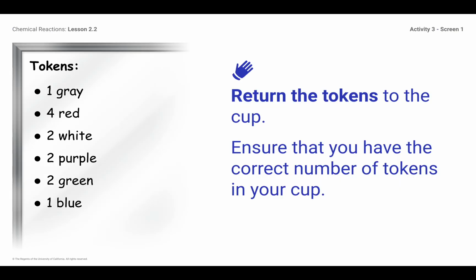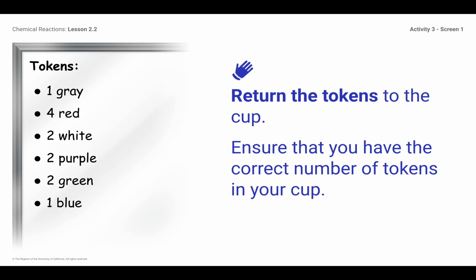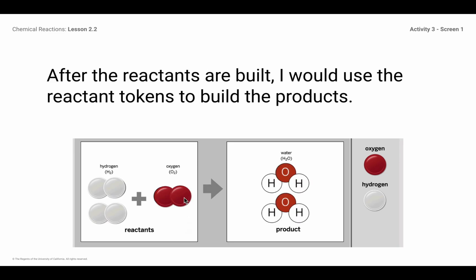So when they were finished, we just talked about key concept number 6, and that says during a chemical reaction, atoms do not change from one type to another. That's super important. So as I was putting my tokens on here, during this chemical reaction, my oxygen broke apart from the first bond in the reactant and it rearranged to form a new molecule, but it did not change the type of atom.